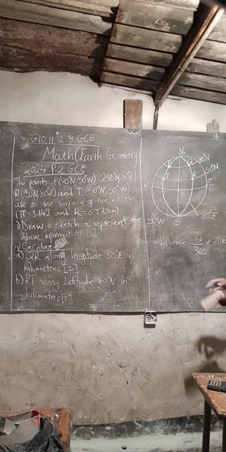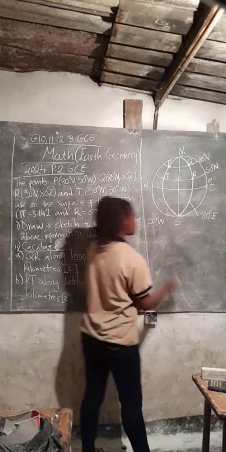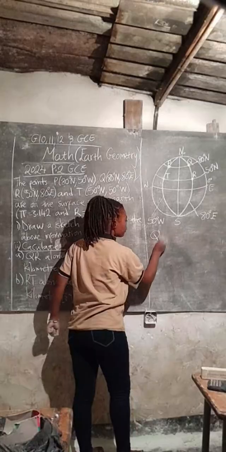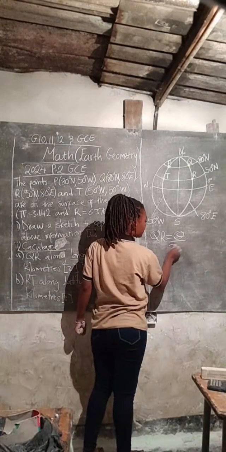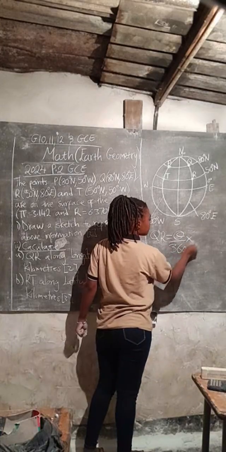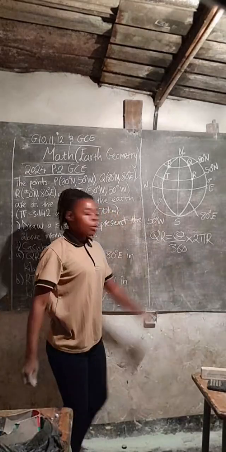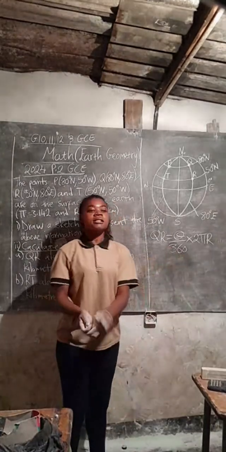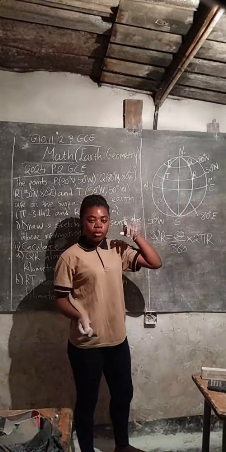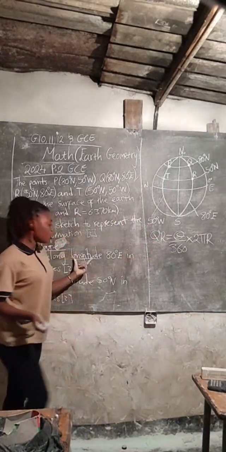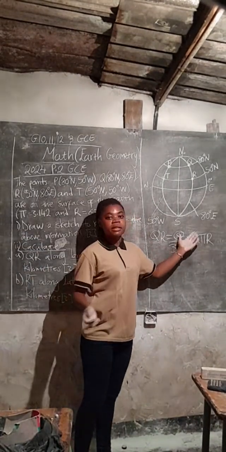Since we're looking for QR, QR is equal to theta over 360 times 2 pi R. Why are we using this formula? This is because these points are on the great circle, or they are on the same longitude. So if they are on the same longitude, the formula is still this one.